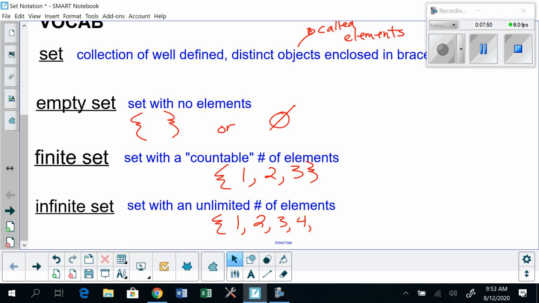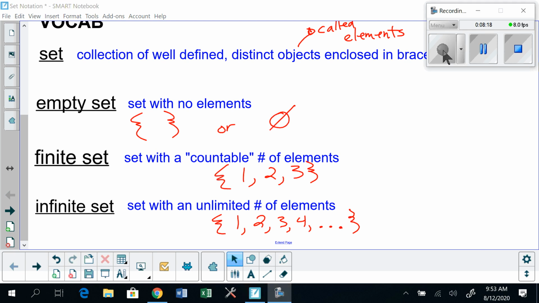One way we can notate a set like this is for our last element, we can actually put a dot, dot, dot. And that's a way to show, hey, this list continues forever. Hopefully you can see the pattern now of what I'm writing. But the way we notate an infinite set is with our last element written as a dot, dot, dot, like this.